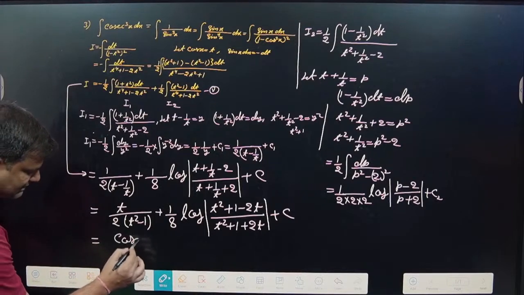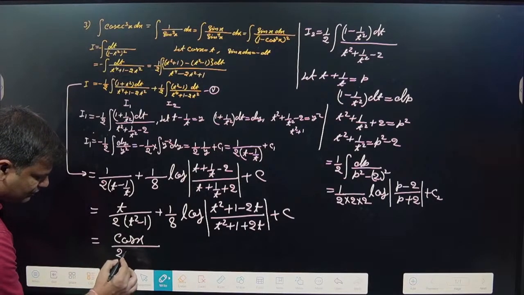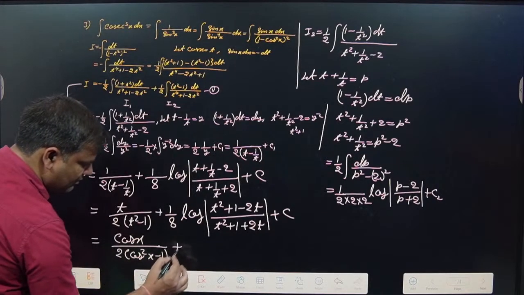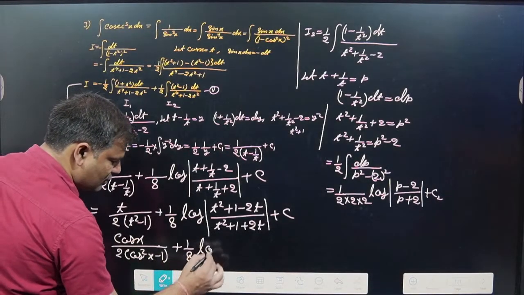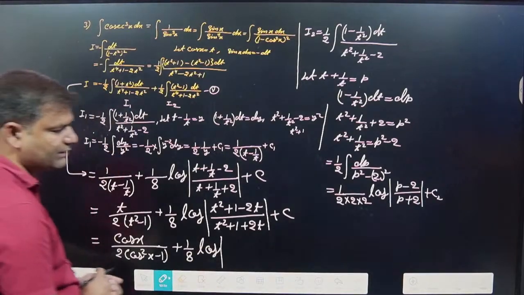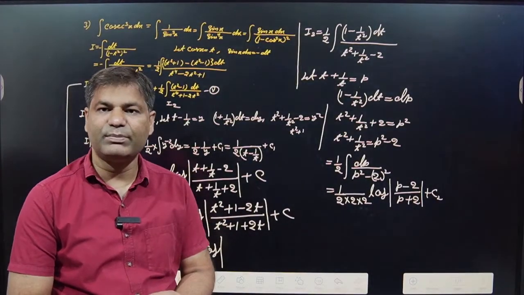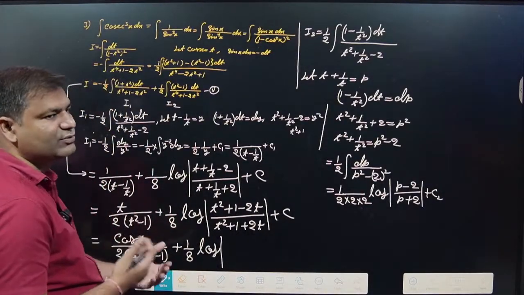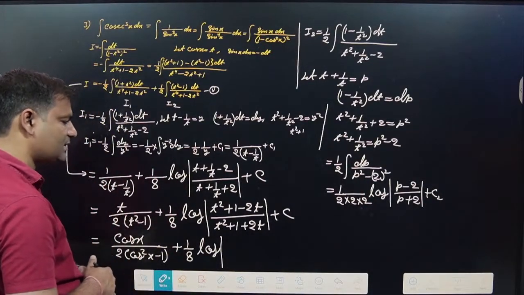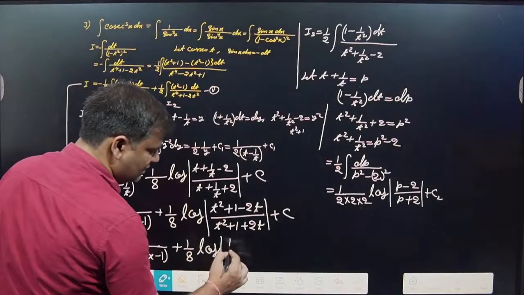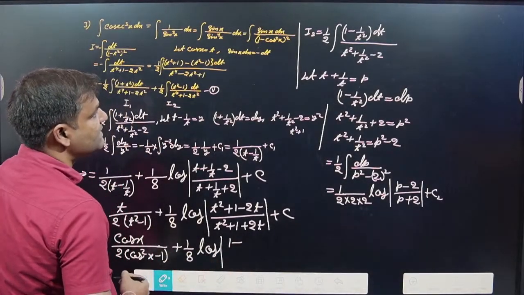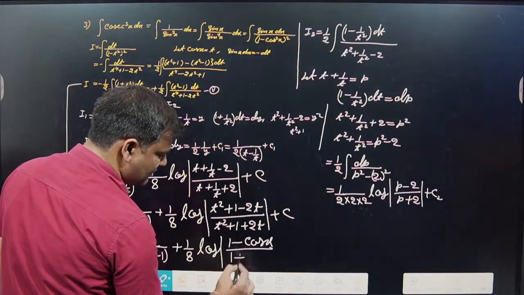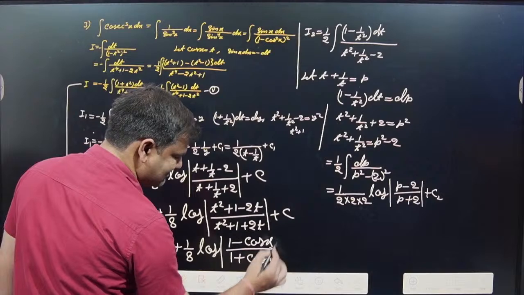So cos x divided by 2 into cos square x minus 1, plus 1 by 8 into log of basically t minus 1 to the whole square, or 1 minus t to the whole square. So this is 1 minus t, basically cos x, so 1 minus cos x divided by 1 plus cos x, plus C.